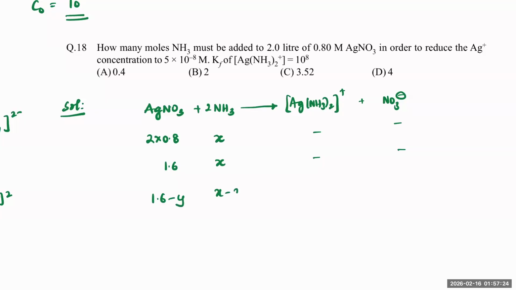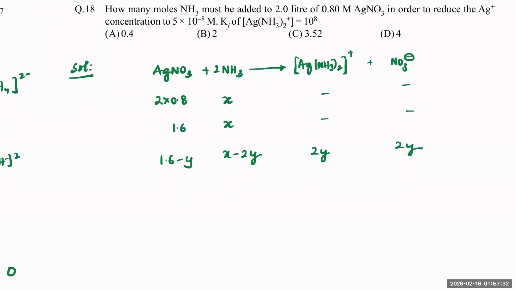So X minus 2Y amount will be consumed here to form this as 2Y and 2Y here. Got it? Now if I remove this NO3-, that will simply become the Kf value. Kf is for the formation of Ag+ with 2NH3, in equilibrium with Ag(NH3)2+. This is the Kf value.